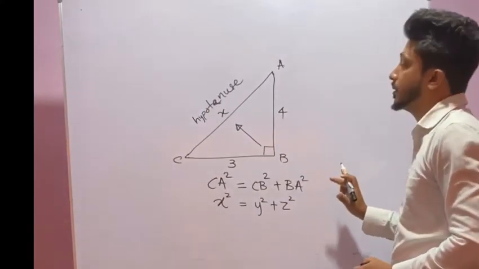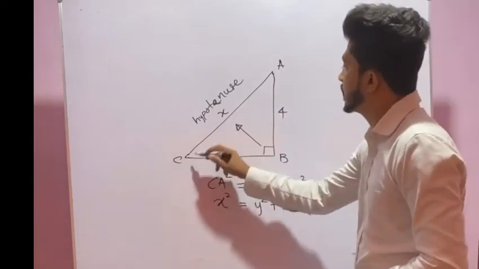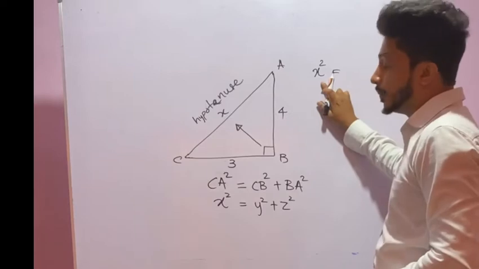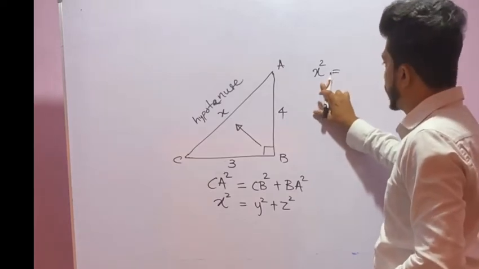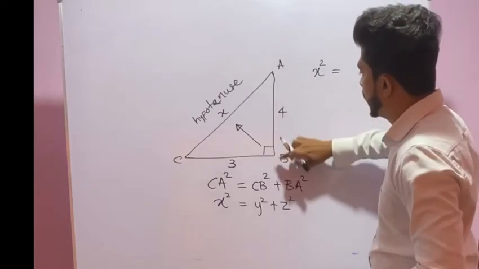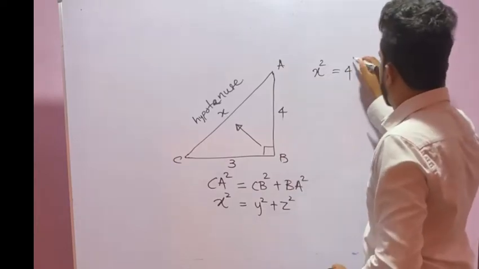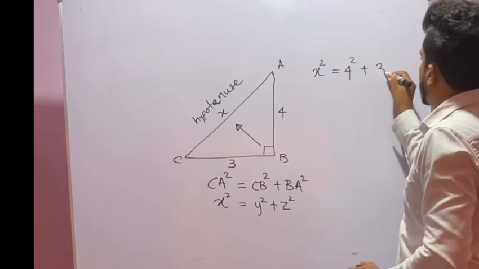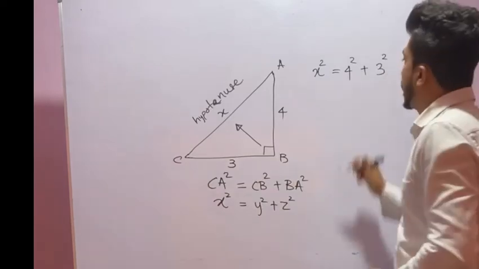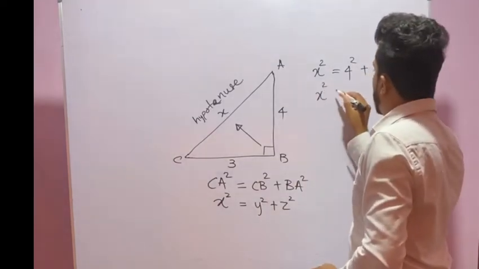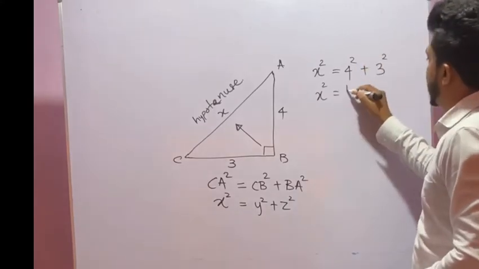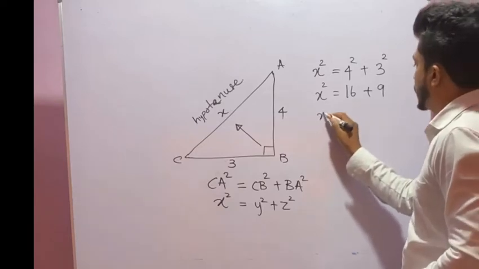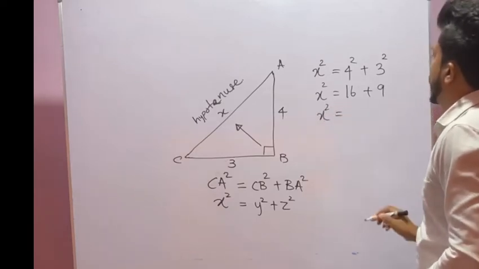According to the Pythagoras theorem, hypotenuse square, that means X square, equals this side length square, that means 4 square, plus this side length square. That is 16 plus 9.